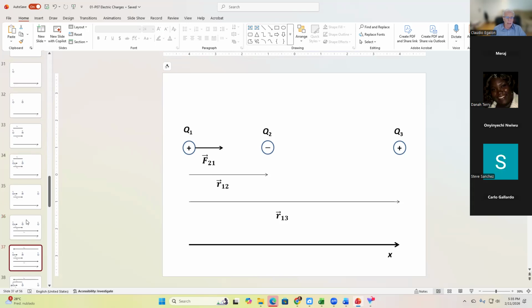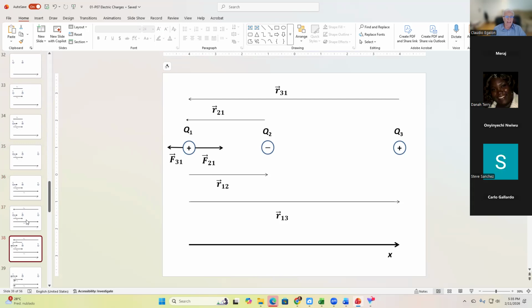it will also apply a force on charge 1. Charge 2 is applying a force to the right. Charge 3 is applying a force to the left because it's a charge with the same sign. So F of 3 in 1 is going to cancel part of F of 2 in 1.